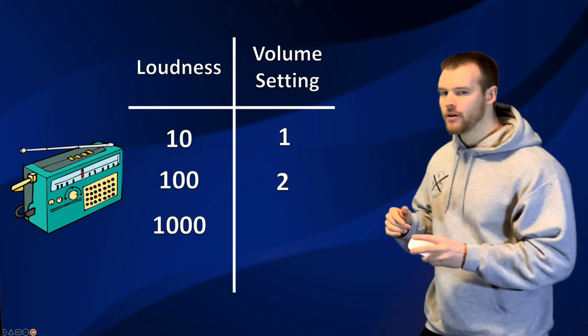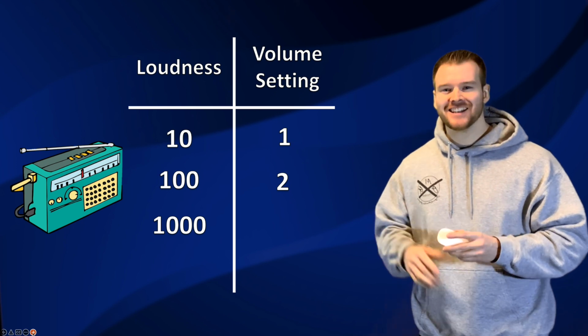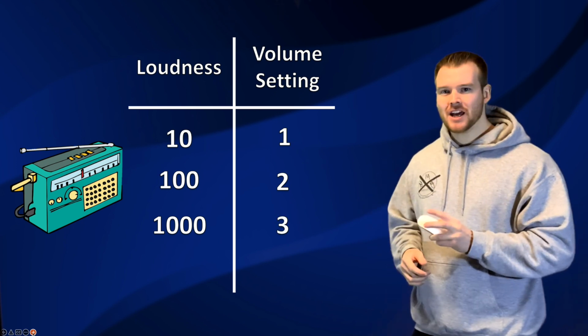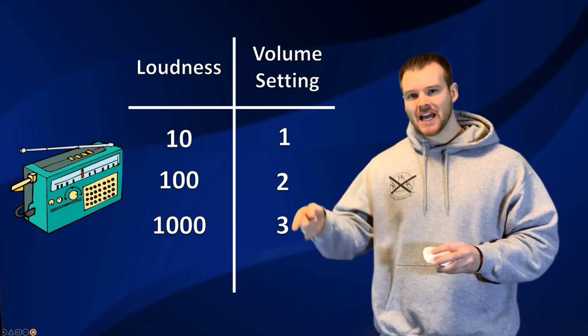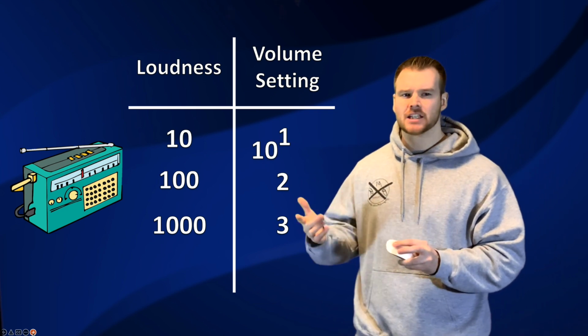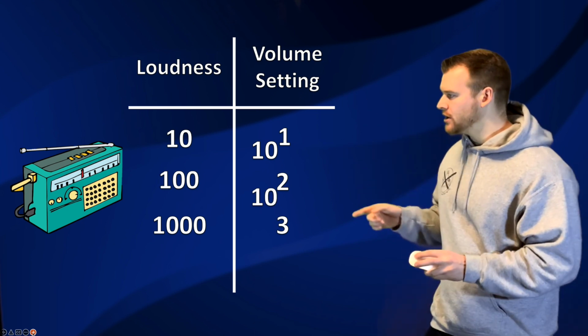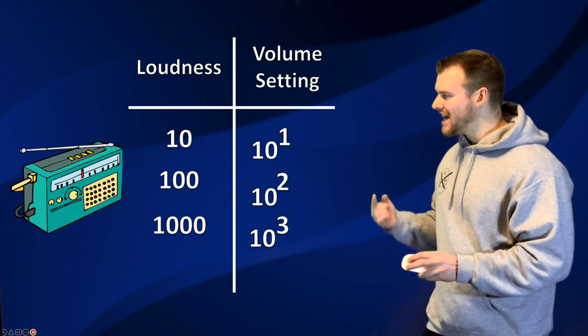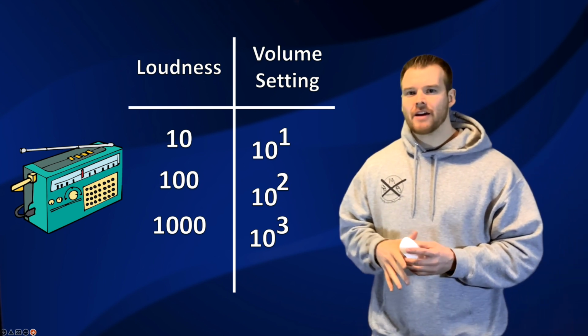Similarly, if we went up to 1,000 for loudness, then the volume setting would be 3. So every setting is going up by a factor of 10. And we can also kind of think of this as exponents, that 10 would be 10 to the 1, 100 would be 10 to the 2, and 1,000 would be 10 to the 3. So that's also what we're going to be looking at for pH.